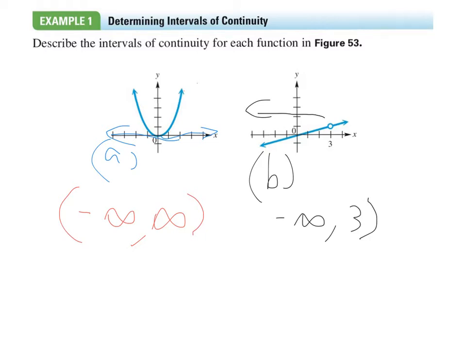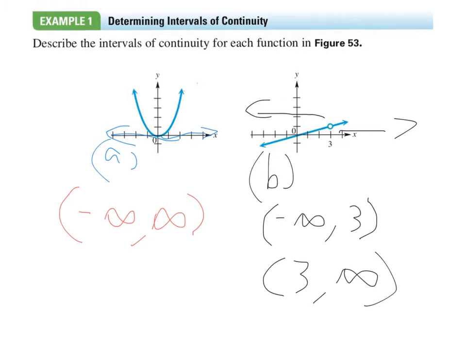And since we never touch negative infinity, we would use a parentheses as well. Now, it's also continuous for every value greater than 3, but not 3 itself. So it'd be from 3 to infinity, and again we'd use parentheses.